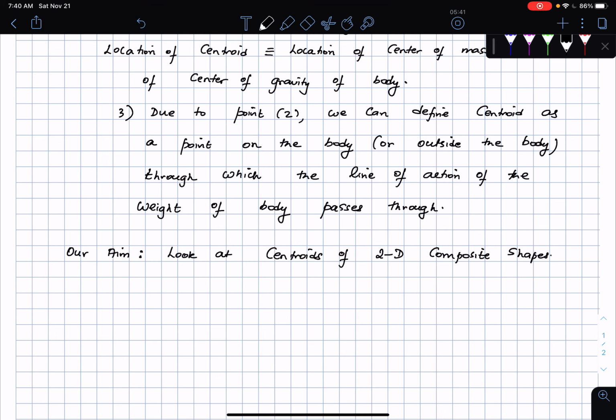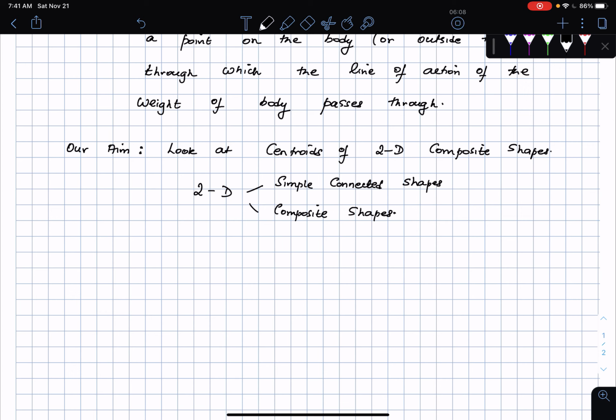First of all, typical 2D shapes that we are interested in can be divided into simple connected shapes and composite shapes. What are simple connected shapes?